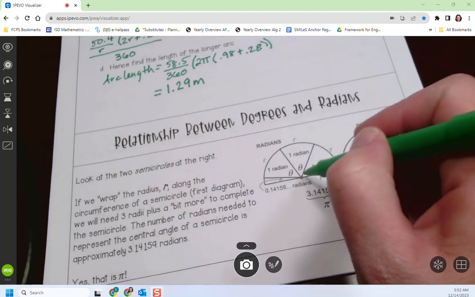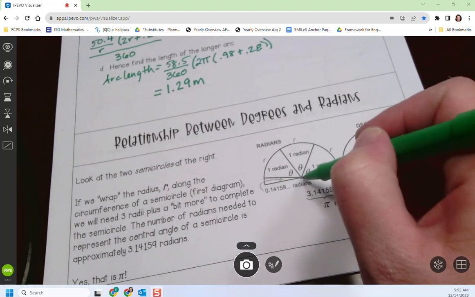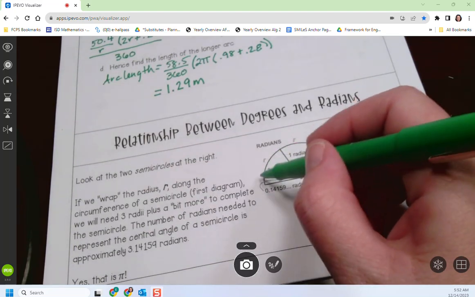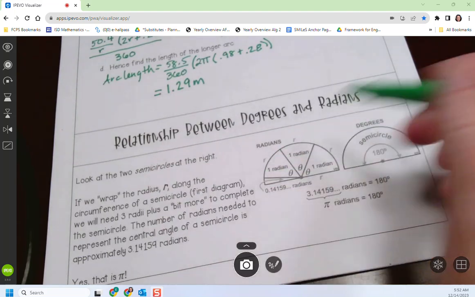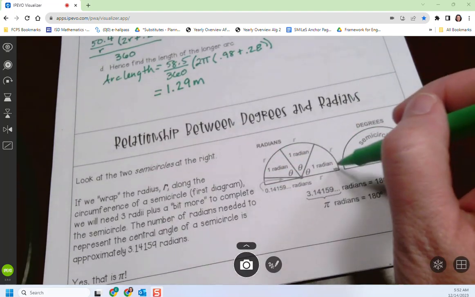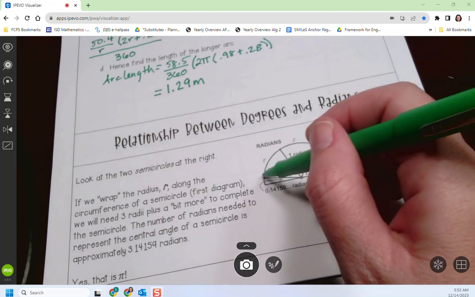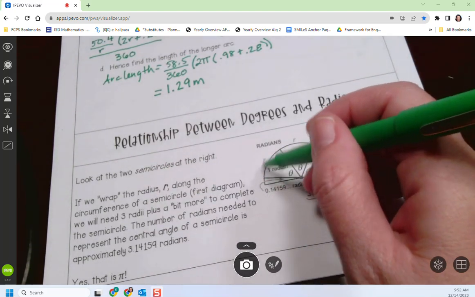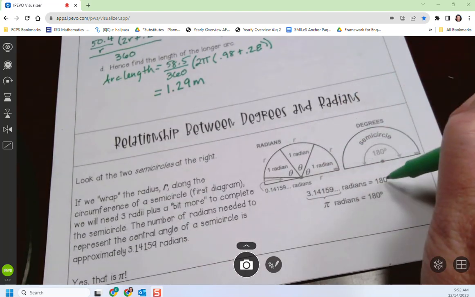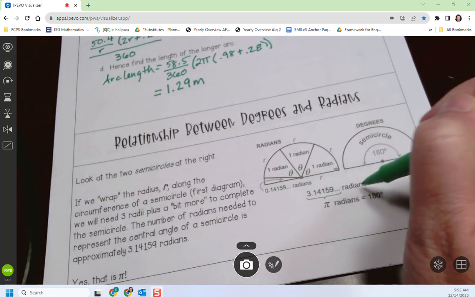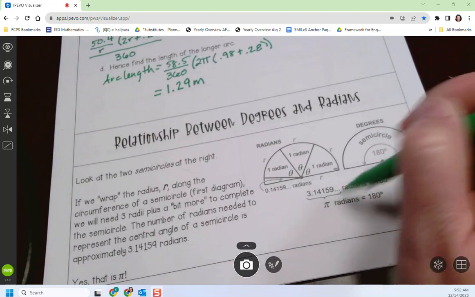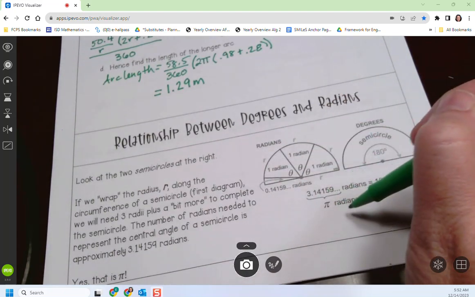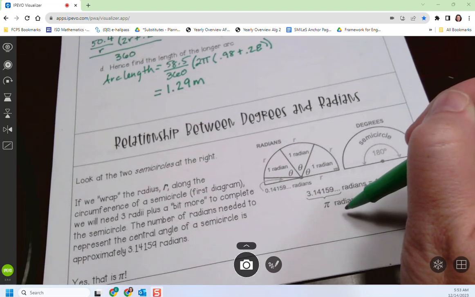So the radius here is r, and if I take that same r and I spread it around here on the arc lengths, a semicircle, which is 180 degrees, is a little bit more than 3 r's, so 3 radians. And the exact amount, the semicircle, 180 degrees, is pi radians. And so when we measure angles in radians, almost all the time, you have pi in your answer.